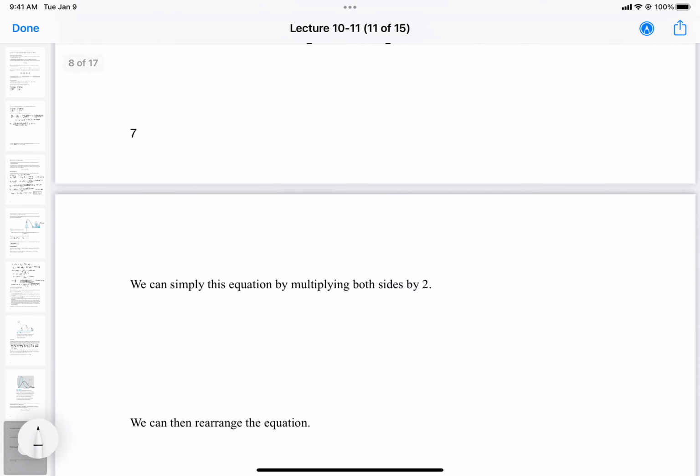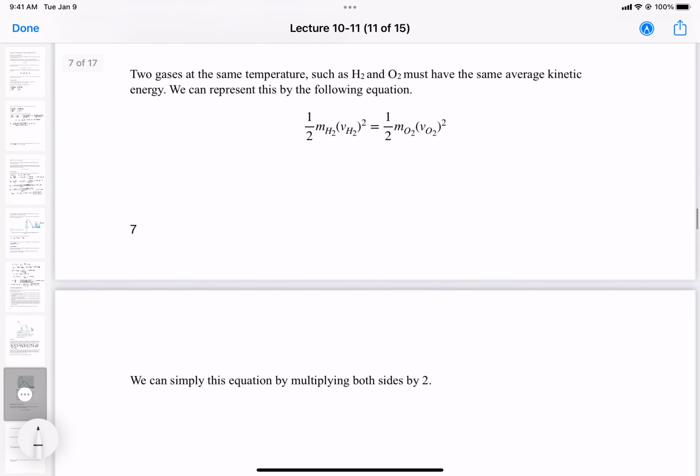So we can actually simplify this equation by multiplying both sides by 2. Okay, we will cancel out this fraction here. If we multiply by 2, we can get rid of the fraction.